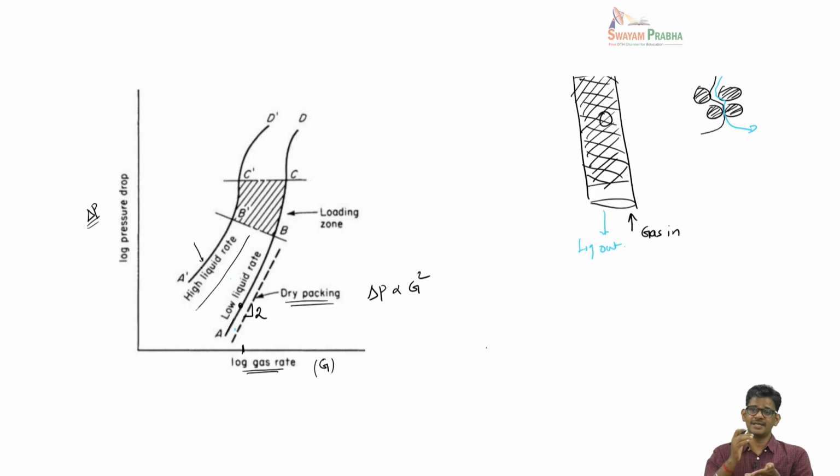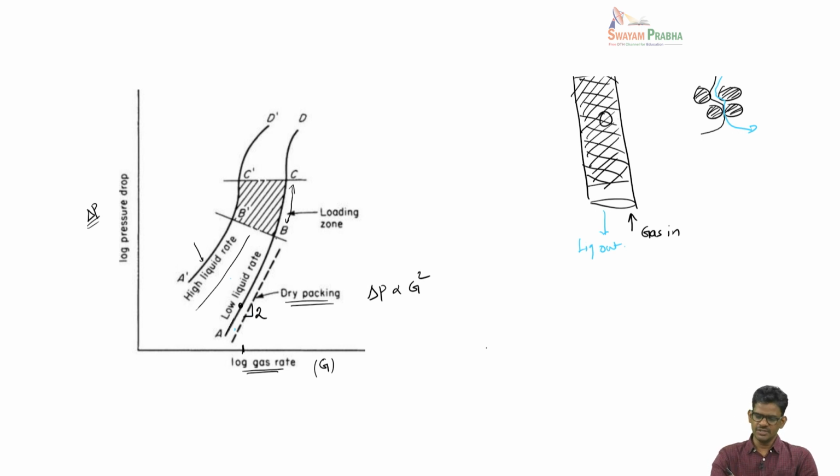Then the liquid holdup in the column will start increasing. This is called loading of the liquid, or the liquid is getting accumulated in the column. When this happens, a lot of the pores available for the gas flow will be filled with liquid, so you will see the slope of this line start increasing from the slope of 2.